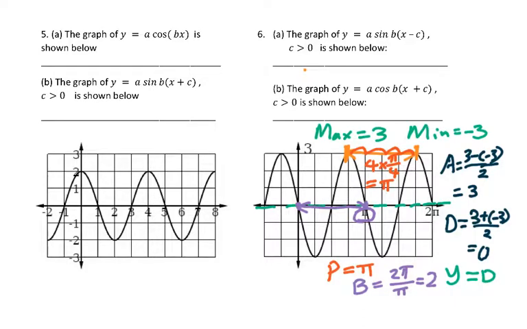Now let's check C. When you're looking for C, you have to look at the function, because they will give you the information about the starting point. They said x minus c, but c is greater than 0. So we can do x minus 3, for example. Inside is a liar.